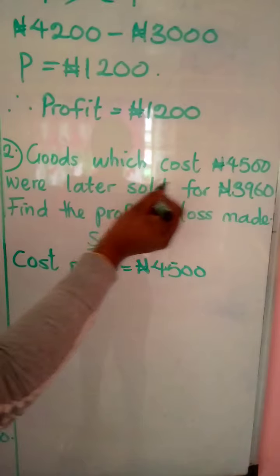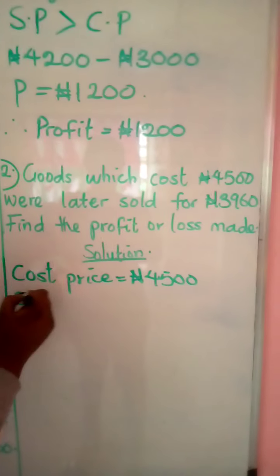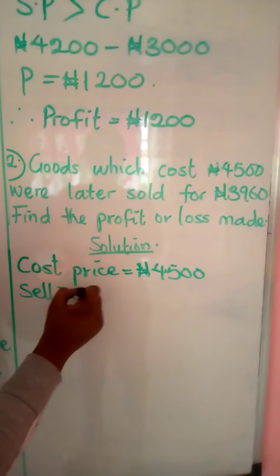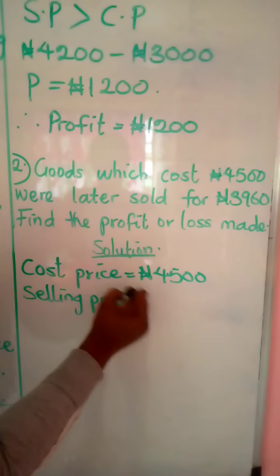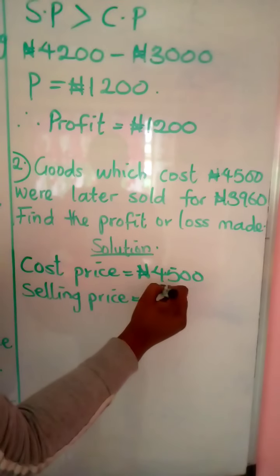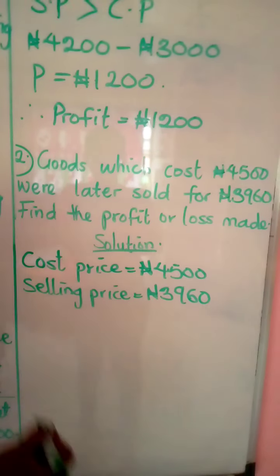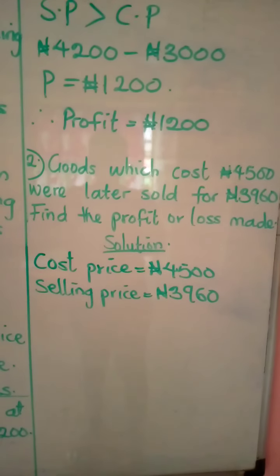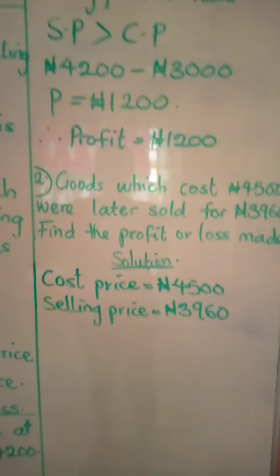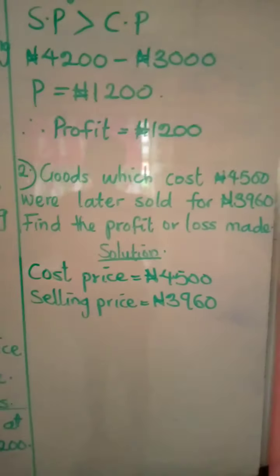So we have here sold 3,960. Now remember, our formula for loss or profit will help us determine if the trader made a profit or loss.